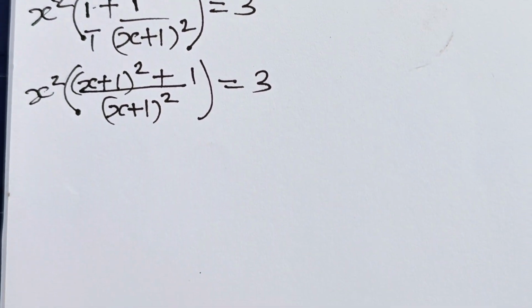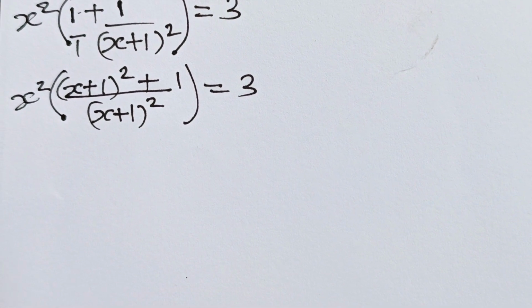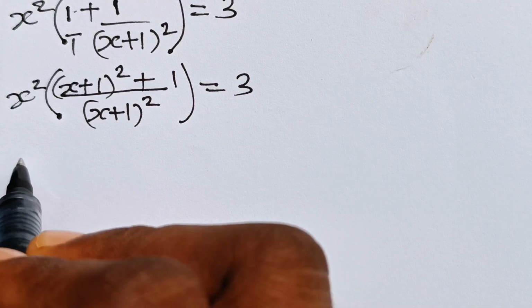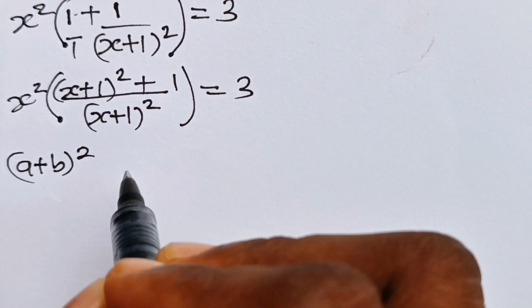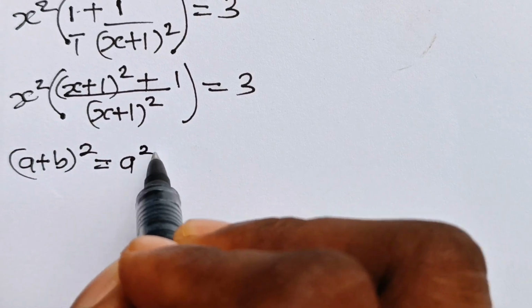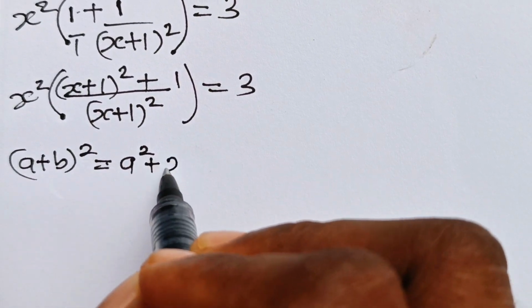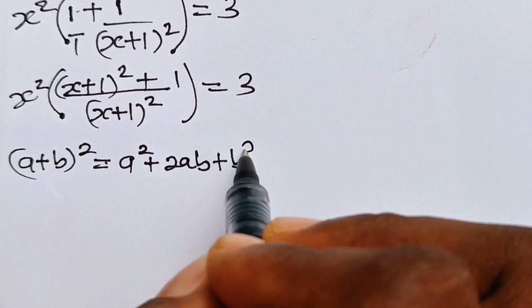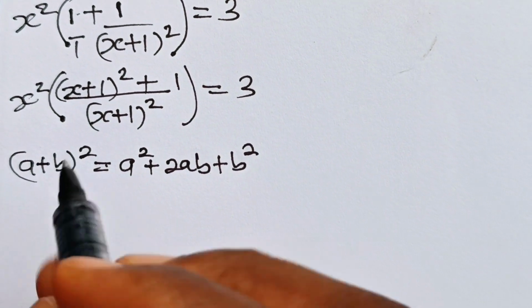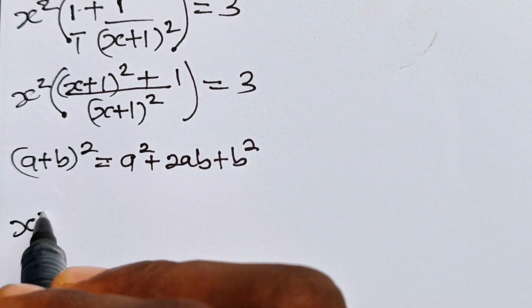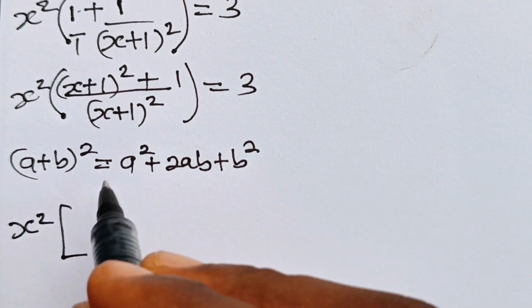Now, I want us to recollect. Please recall that a plus b raised to the power of 2 is equal to a squared plus 2ab plus b squared. Okay, so in our case, our a is x and our b is 1. So let's expand. So we have x squared, open bracket.